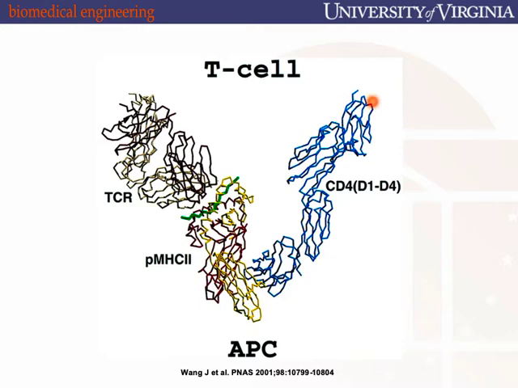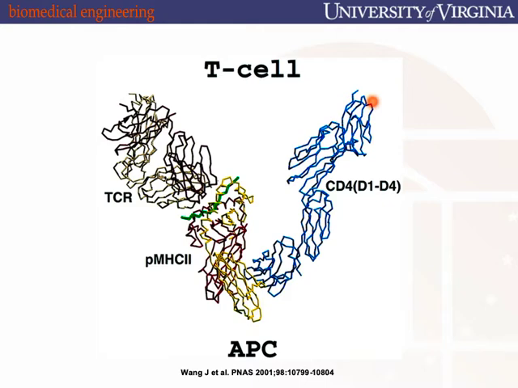In the case of T-cell receptors, there are these TCRs that are going to bind to and recognize peptides that are displayed on professional antigen-presenting cells, and non-professional antigen-presenting cells as well, through this major histocompatibility complex, either MHC class 1 or MHC class 2.